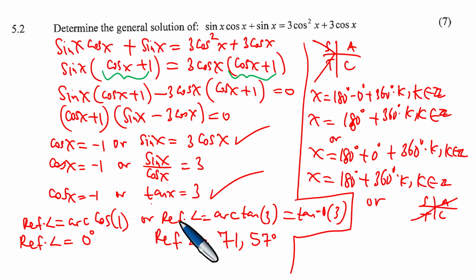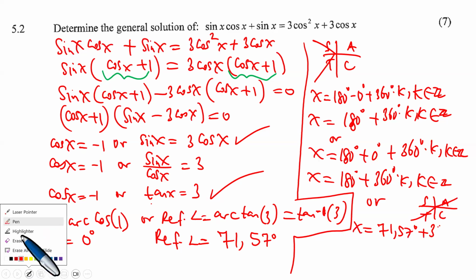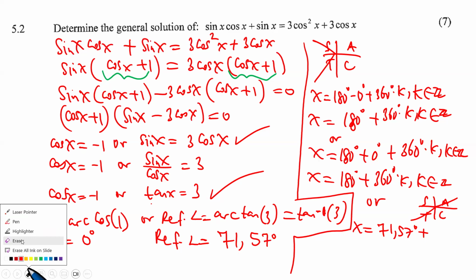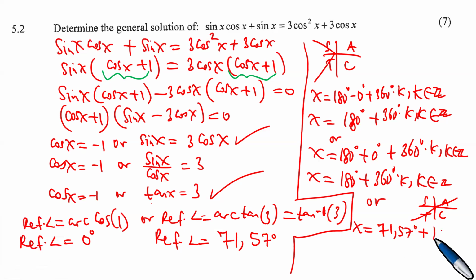Which means therefore the first one is x equals 71.57 degrees plus 180 degrees times k for the tangent, k in the integers, right?